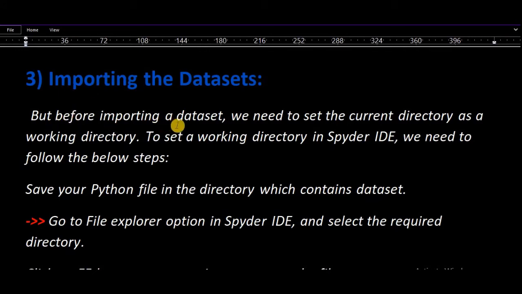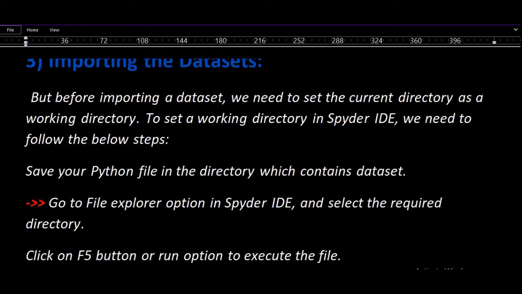But before importing a data set, we need to set the current directory as the working directory. It means that you will have to save your data set in the same directory where the Python file is stored. To set a working directory in Spyder IDE, we need the following two steps.